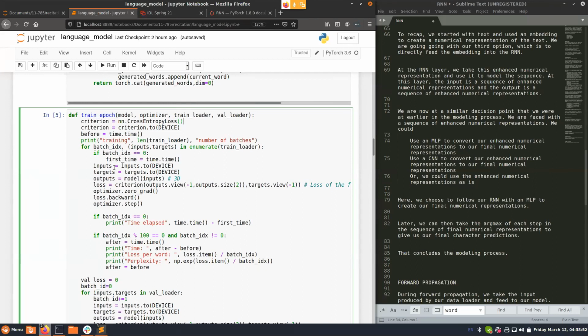Now that we have the inputs that we pass to the model and that we calculate the loss, we can do backprop, and that gives us our gradients, and we use the optimizer to do gradient descent and update our weights.